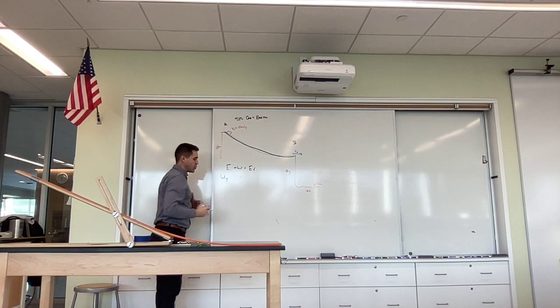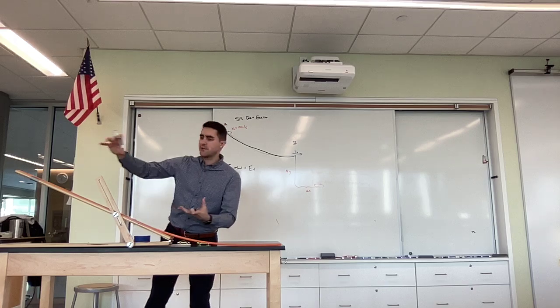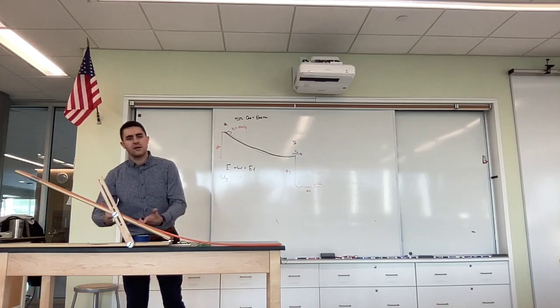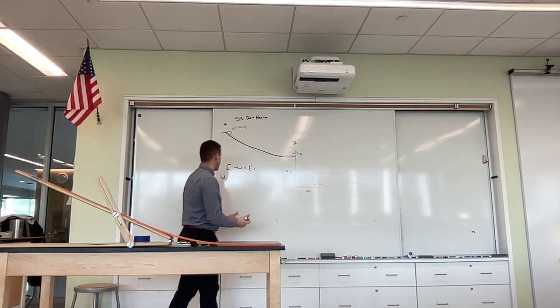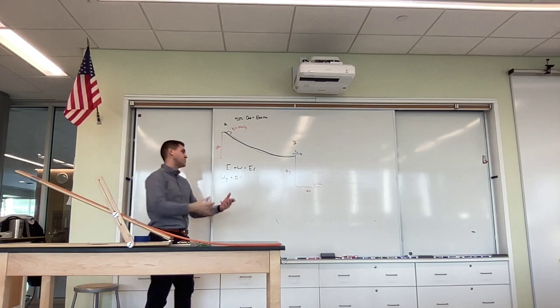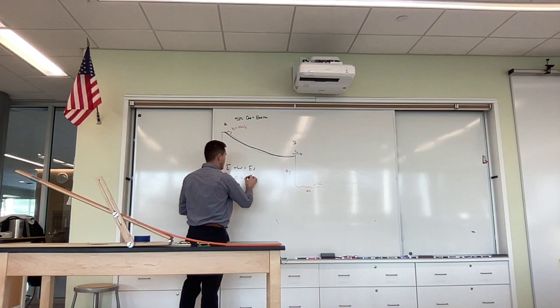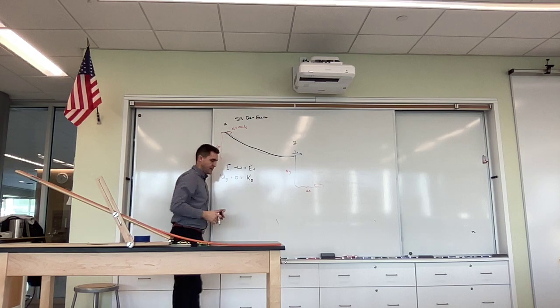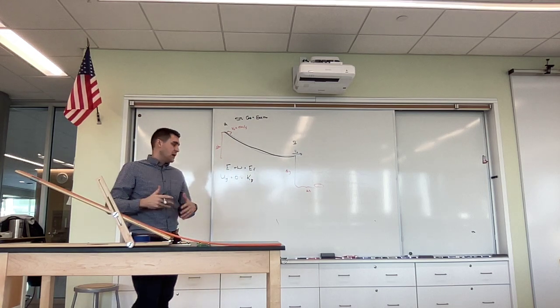Initially, there is energy stored between the positions of the car and the surface of the earth, or in this case, the table, the lowest point in that system. There are no outside forces other than gravity pulling it down, so there's no work done. And at point B, I'm going to see a kinetic energy. This ends up being my energy equation.